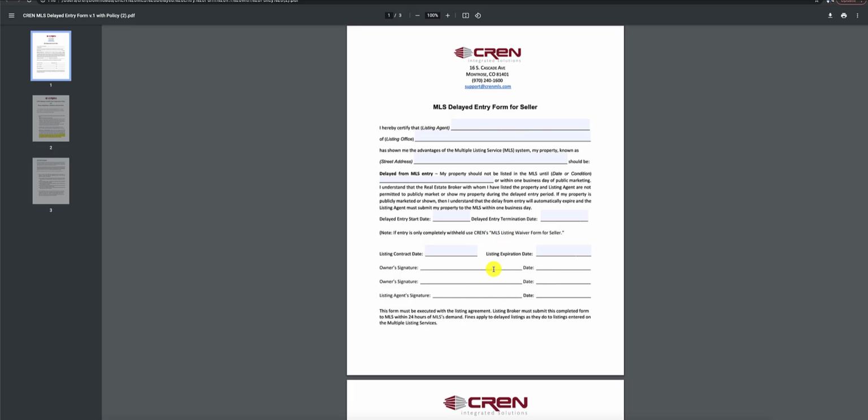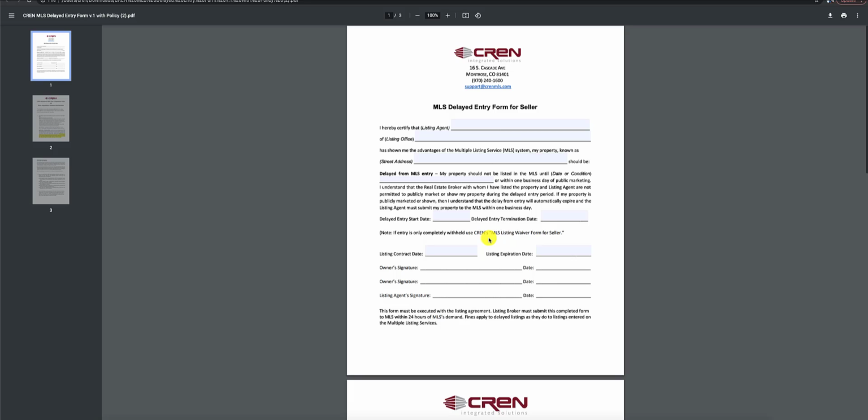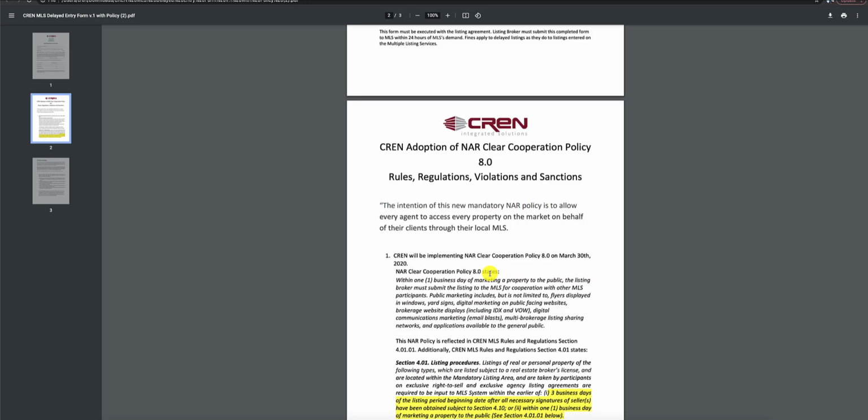Just be reminded that NAR Policy 8.0 still takes effect if you market this property before you put it into the MLS. So you have this form filled out and you have a certain time frame, whether it be a week or a month. If in that week or month, say 2 or 3 days later, you market this property, within one business day, that listing has to be put into the MLS.